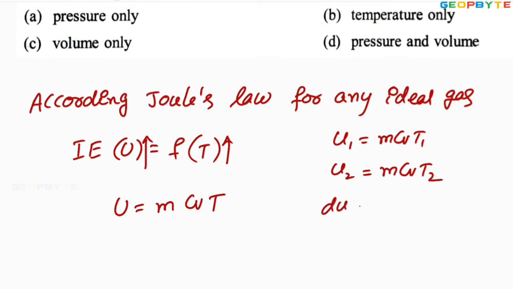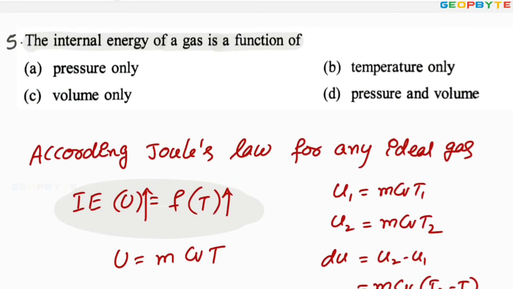The change in internal energy dU equals U2 minus U1, that is equal to m into Cv into (T2 minus T1). For any ideal gas, internal energy is the function of only temperature. It means internal energy increases with addition of temperature and decreases with removal of temperature. Therefore, option B is absolutely correct.